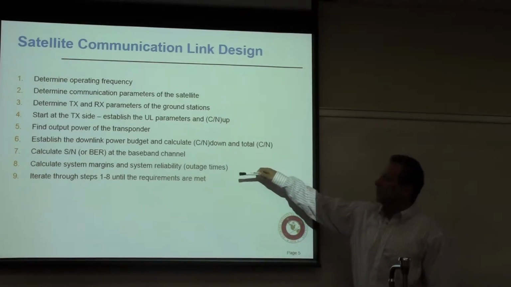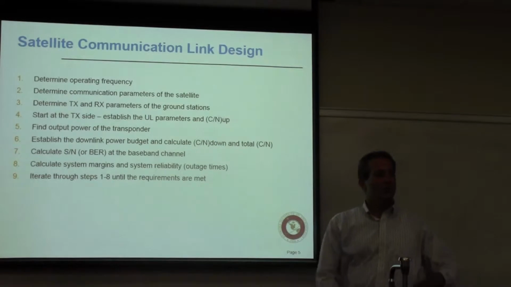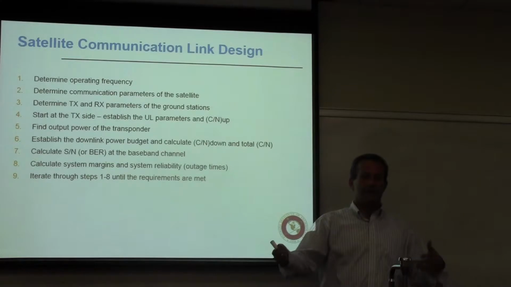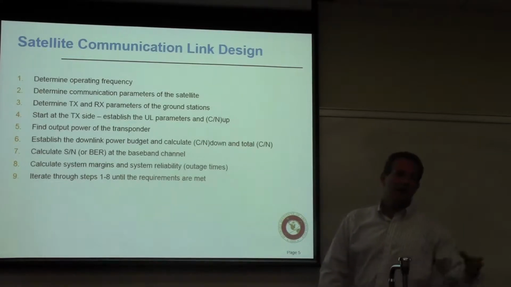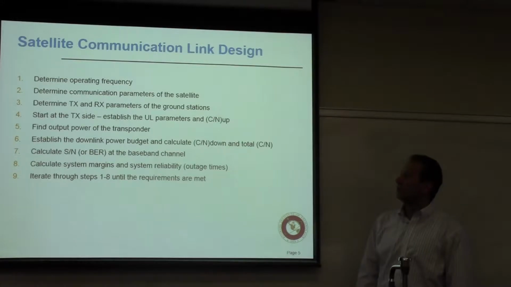And if it doesn't meet the reliability requirements, then you go back and see where you can make trade-offs. Can I increase my antenna size? Can I put in more power? Can I cool the front end of my receiver? Can I even relocate my hub points and do all sorts of designs to make sure that you meet the coverage and reliability objectives.